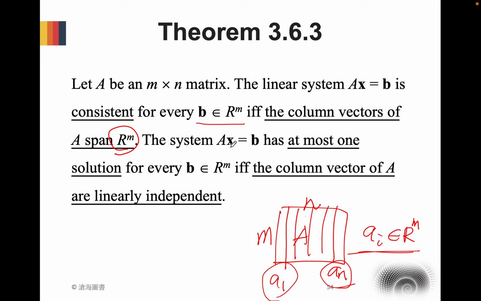Okay, the second statement. The system Ax equals b has at most one solution for every b in Rm if and only if the column vectors of A are linearly independent.